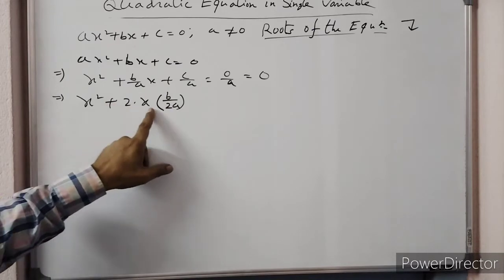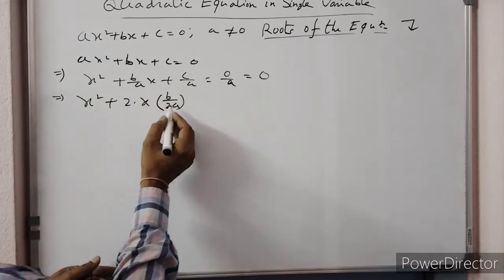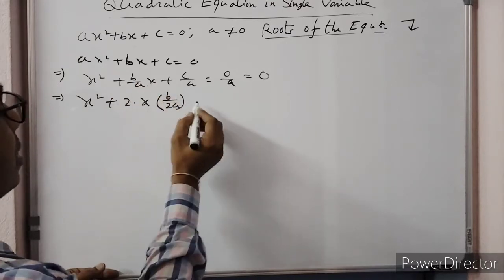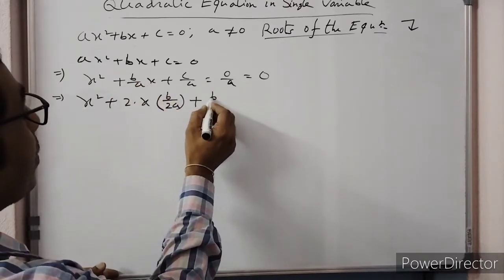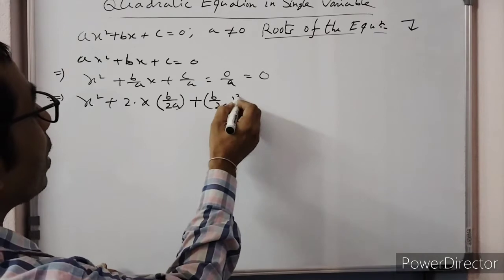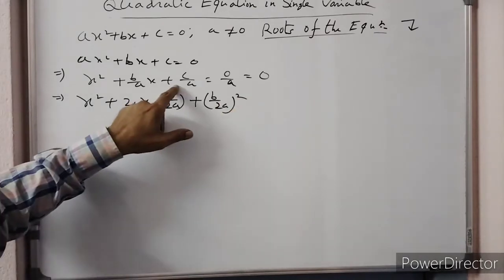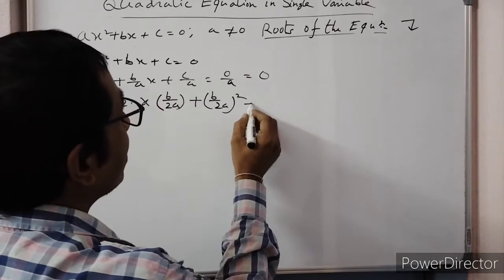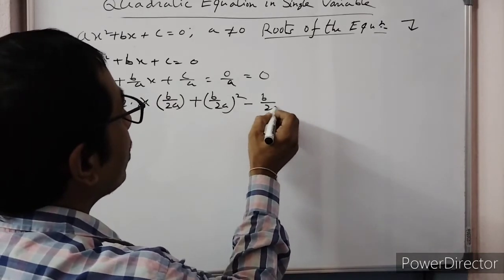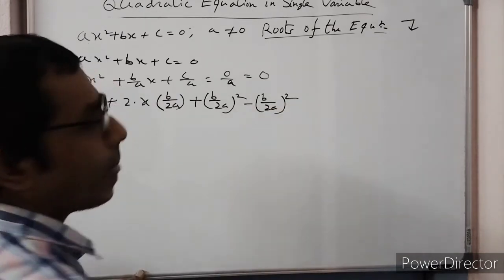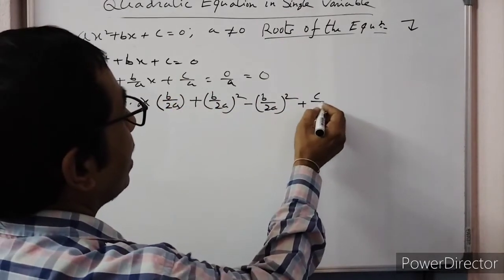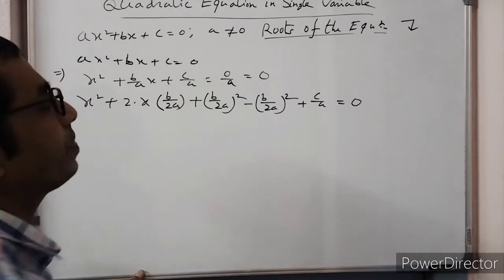The 2 cancels, bx by a remains unchanged, then plus b by 2a whole square. There is no b by 2a whole square, therefore we have to adjust it, minus b by 2a whole square. There is c by a only, so write c by a equal to 0.